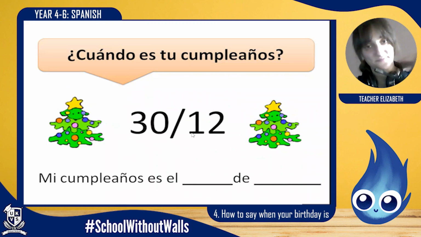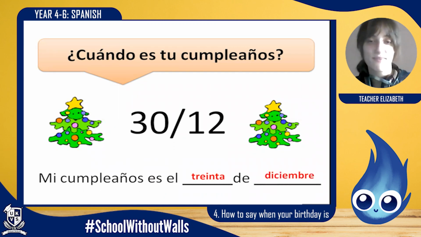Aquí, ¿cuándo es tu cumpleaños? Mi cumpleaños es el 30, so 30, I don't know if you guys remember 30, el 30 de diciembre, okay, el 30 de diciembre.